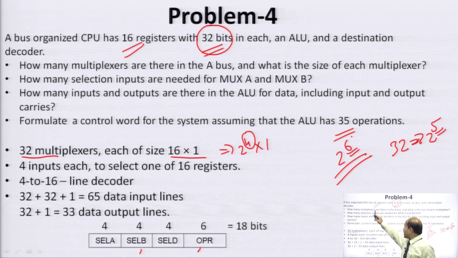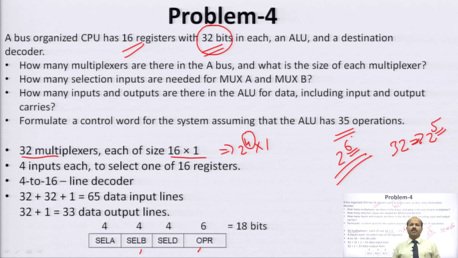Operands are nothing but registers, they tell which registers are to be selected. They can be selected with multiplexer A and B selection inputs. So, here 4 bits are required for both cases, and the register set is common.